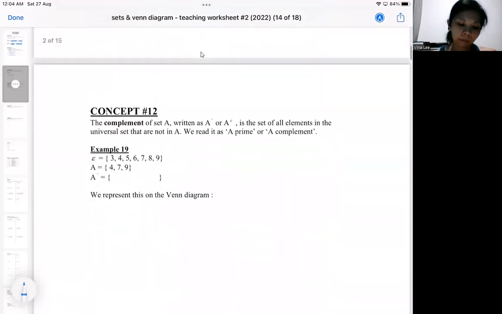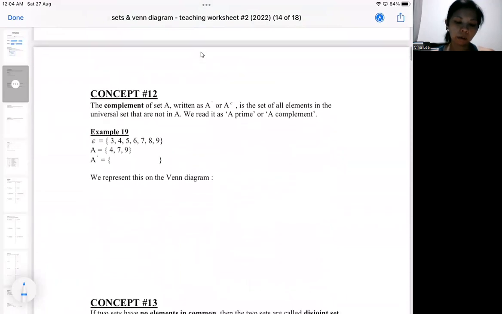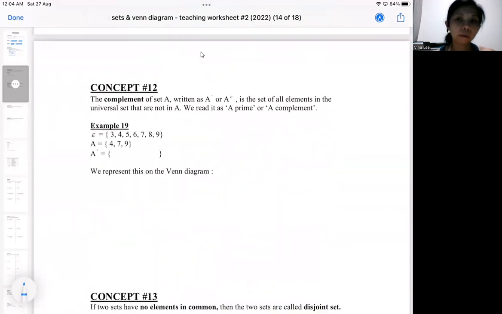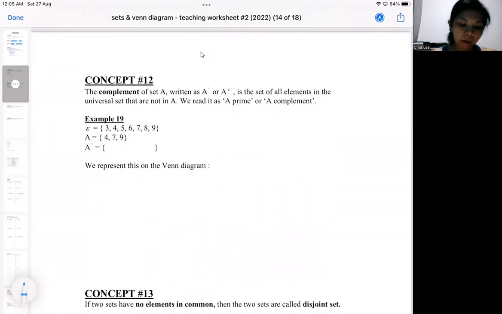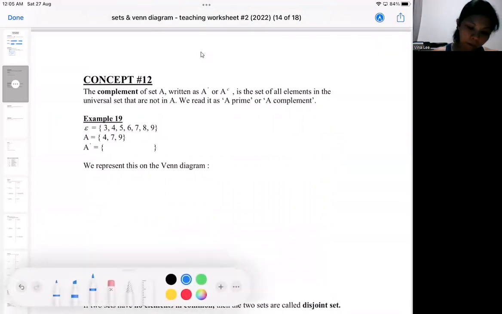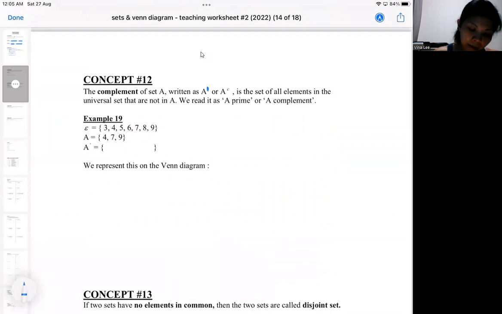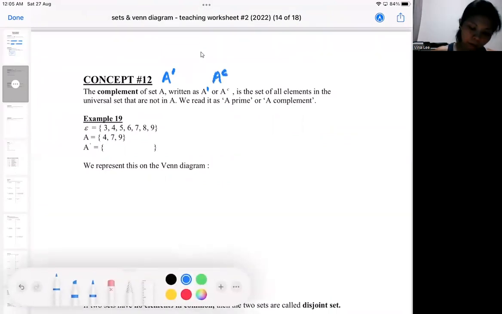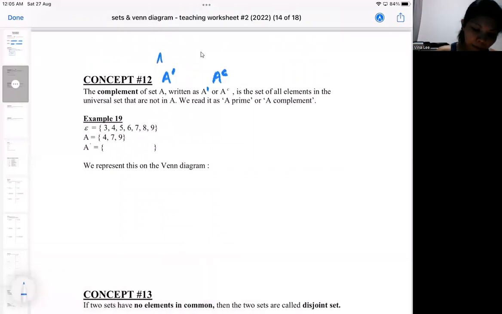Okay, with this we're going to have new symbols, and these are the more frequently used ones. In concept number 12, we're going to learn something called the complement of A. So the complement of A can be written like this: this one we call A prime, and this one we call A complement.